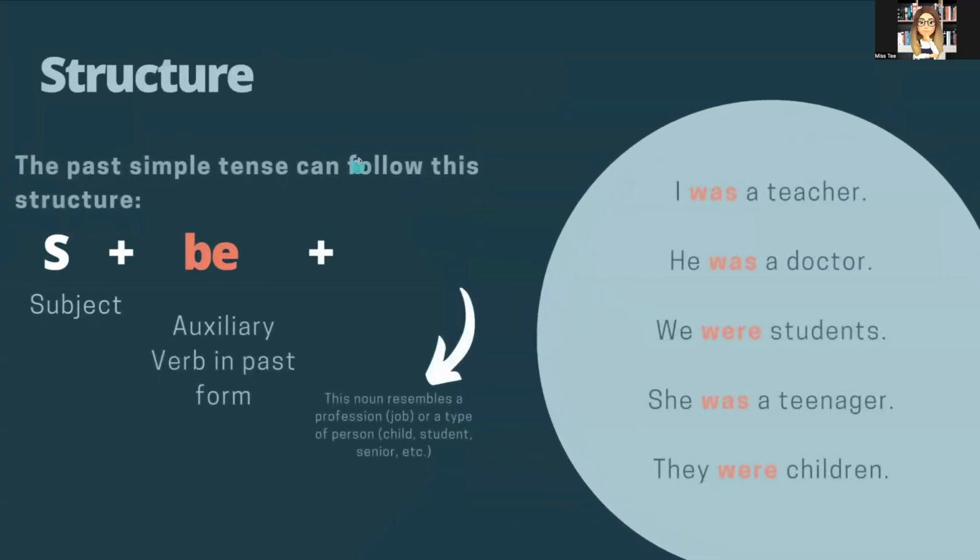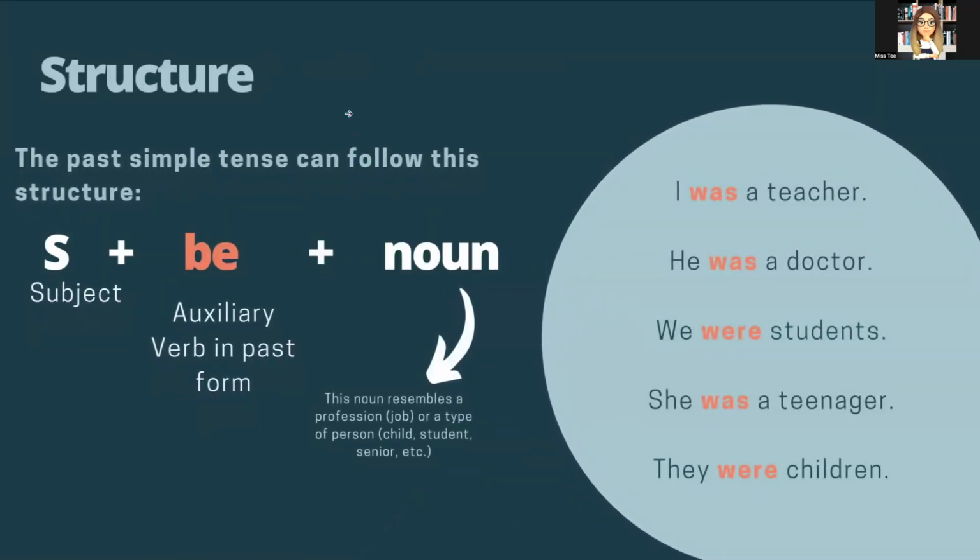And so let's look at another structure. The past simple tense can follow the structure: subject plus be plus a noun. So subject could, of course, be he, she, it, I, you, we, they, something like that. Or it can be any noun, the teacher, the girl, the boy, the class. Be here is the auxiliary verb in past form.